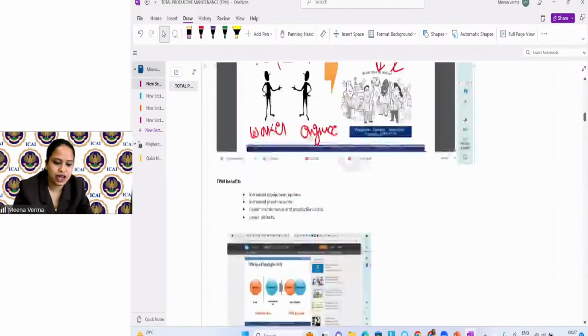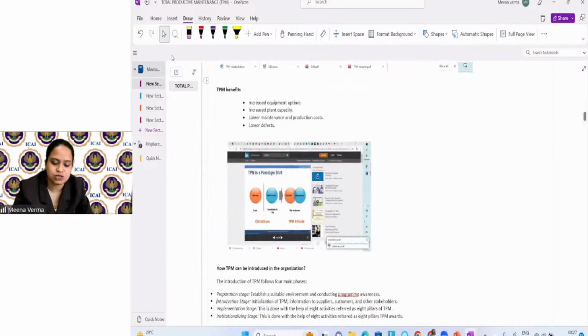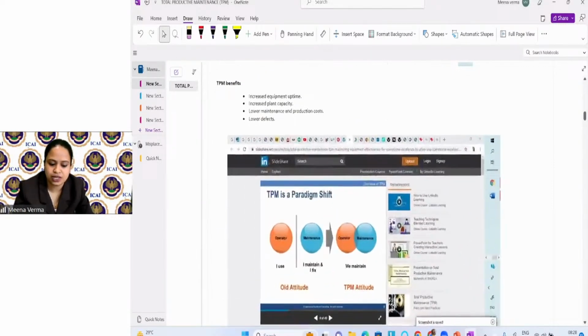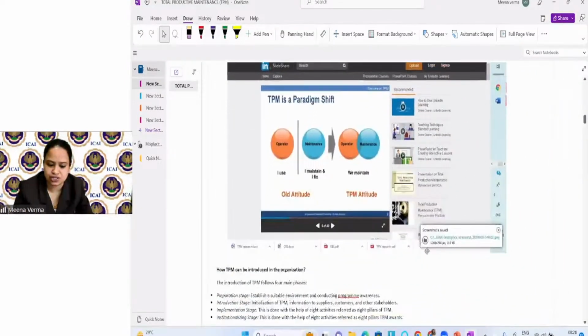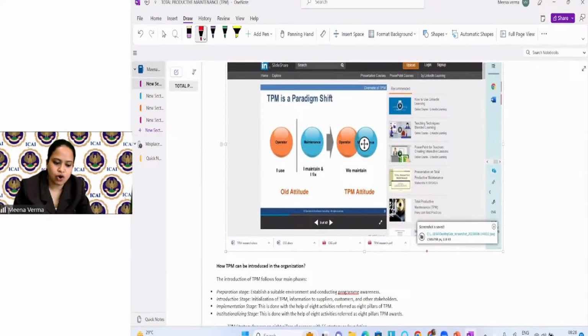Here, we have increased the responsibility of the worker, and we have stated that workers are equally important to maintain the machine. You can see, operator means worker here, those who are working, the laborers. Obviously, the operator uses the plant and machinery.